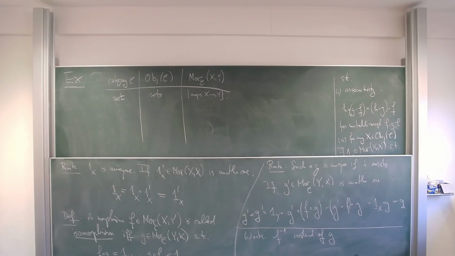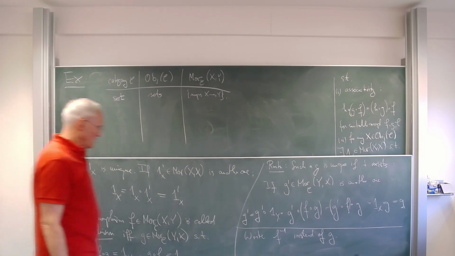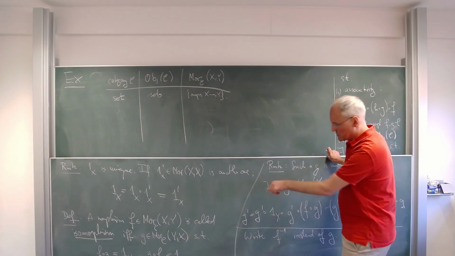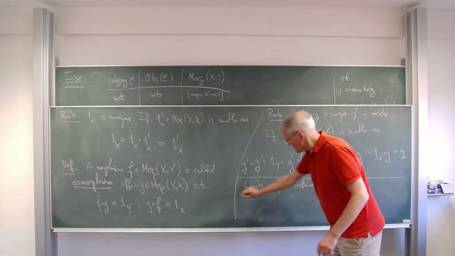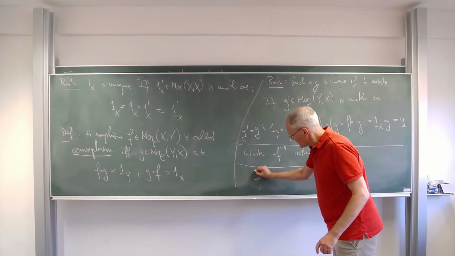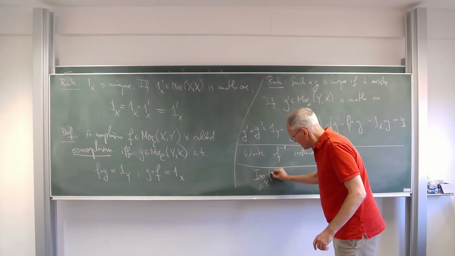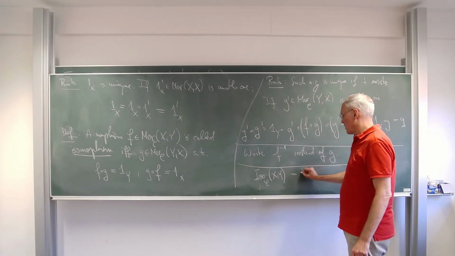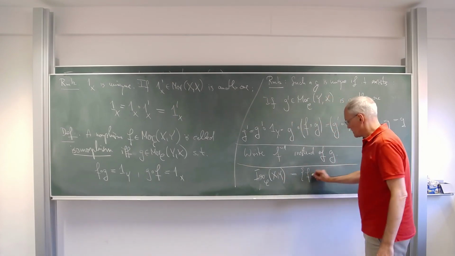That would be the huge category. In fact, since I'm talking here about isomorphisms also, let me introduce this notation: by Iso_C(x,y), this should be the set of all morphisms which are isomorphisms.